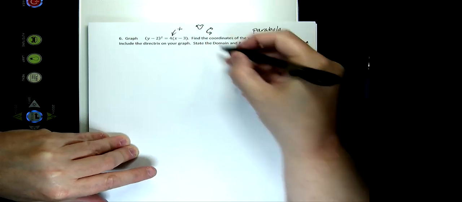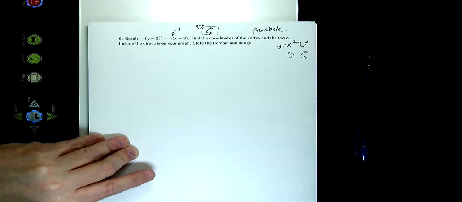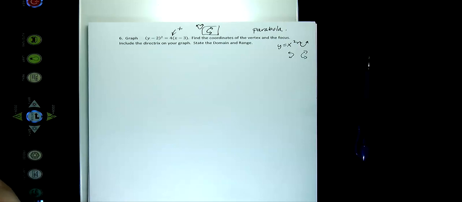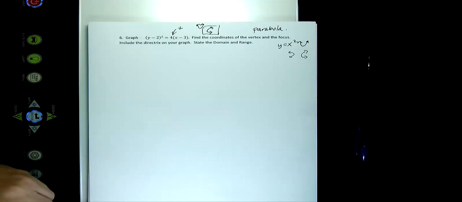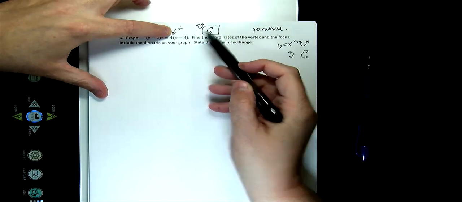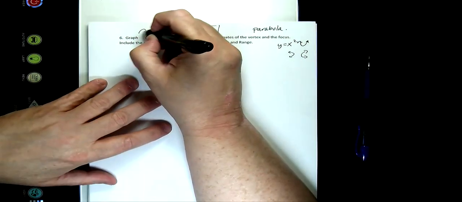Since it's with the one that's going left or right, it's going right. If that number is negative, it's either going down or it's going left.